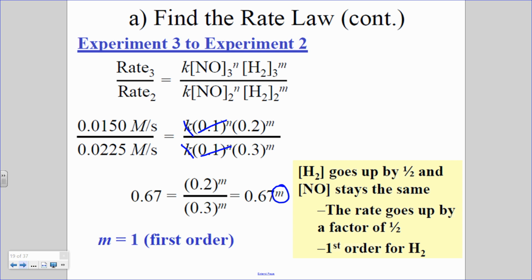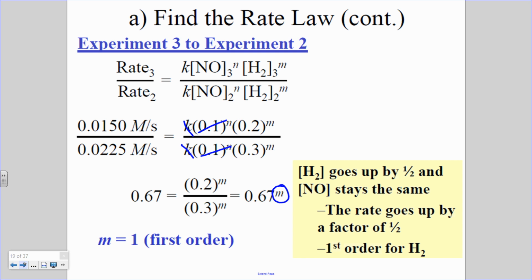So in other words, if the concentration of the hydrogen goes up by half when we keep the nitrogen the same, and the rate goes up by half, by the same factor, then it must be first order. So this must be first order.